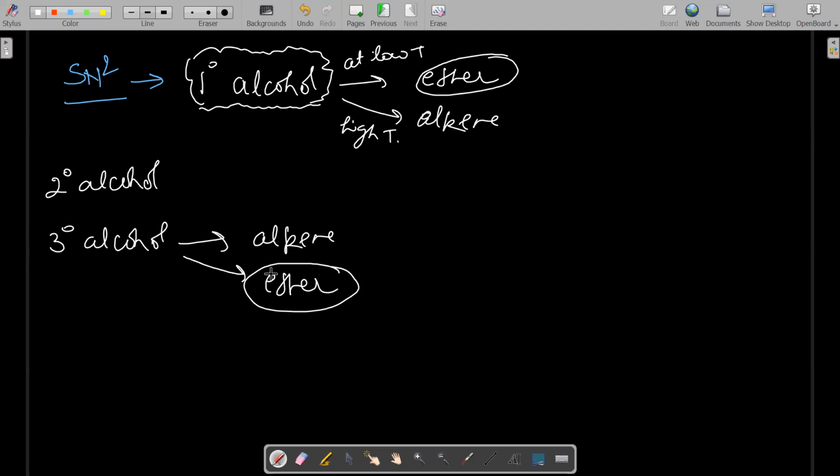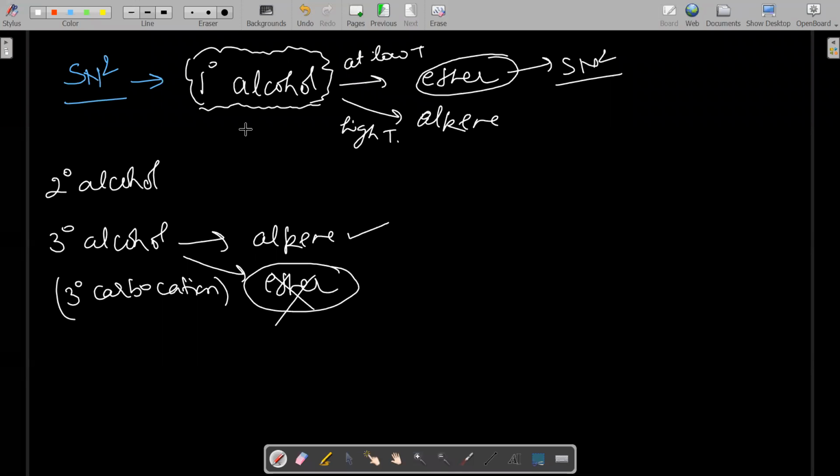Why can tertiary alcohol not form ether? Tertiary alcohol only forms alkenes. In tertiary alcohol the carbon is 3 degree, so the attack cannot happen. SN2 does not occur, because ether formation is an SN2 mechanism. Secondly, the tertiary alcohol has a tendency to form an intermediate tertiary carbocation, which is highly stable, and this carbocation converts into alkene.